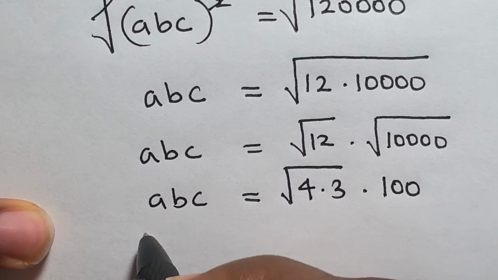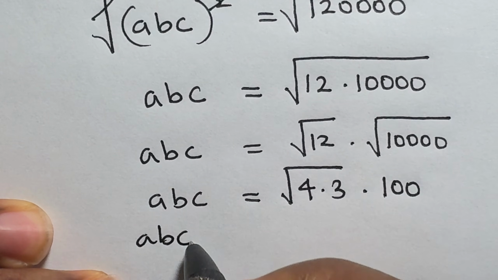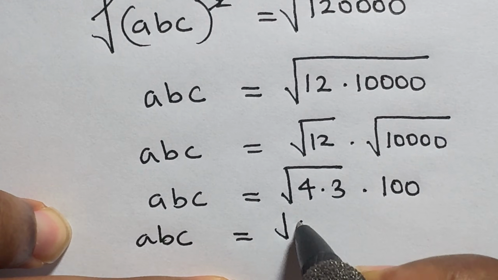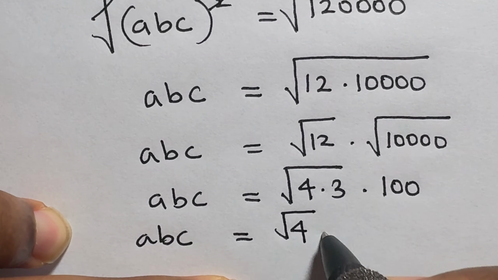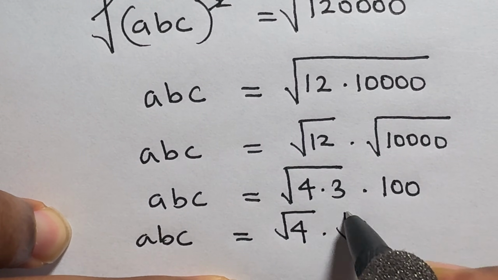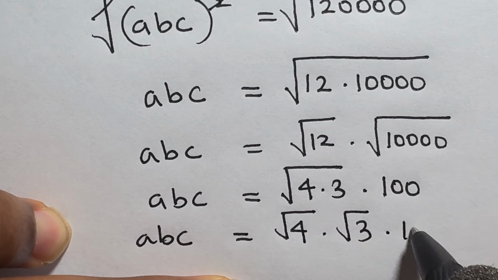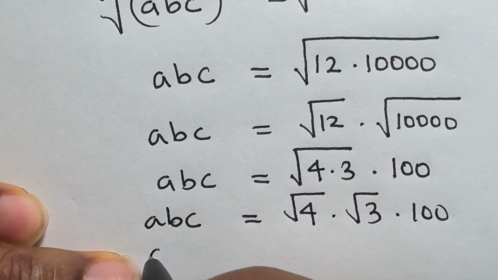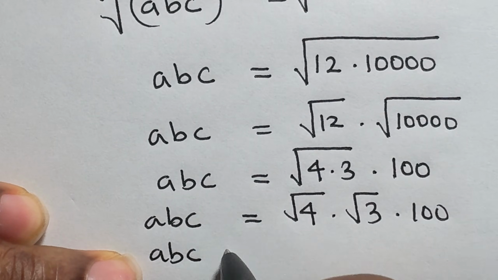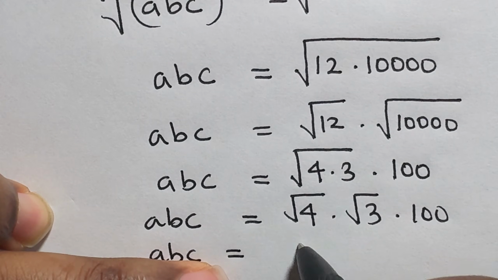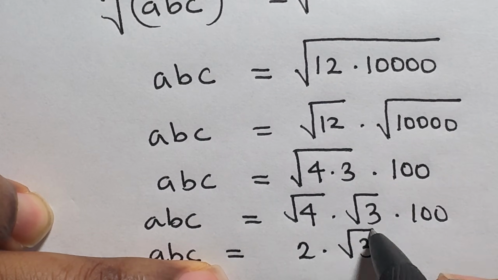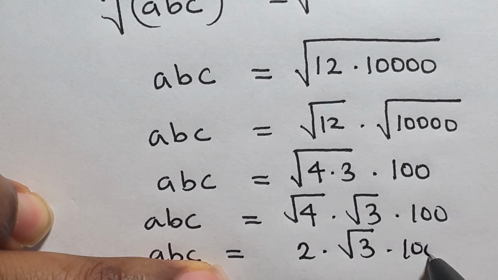So we have A times B times C is equal to square root of 4 times square root of 3 times 100, which will then give us A times B times C is equal to 2 times square root of 3 times 100.